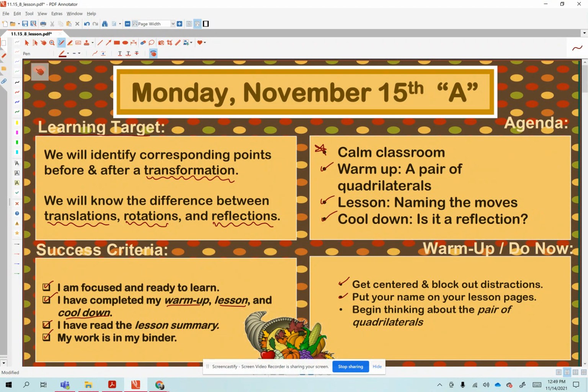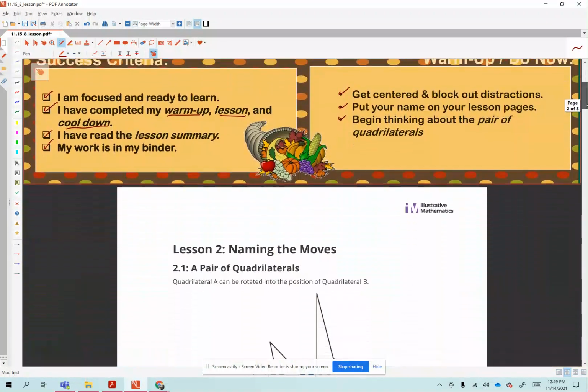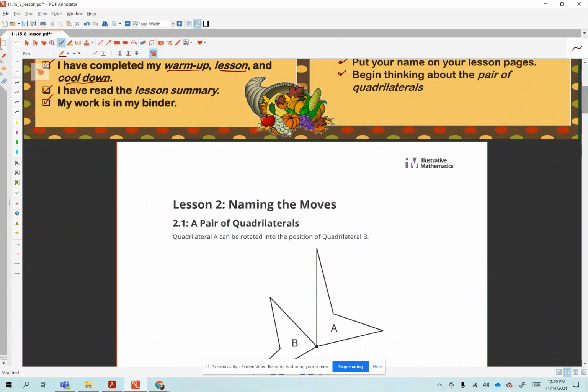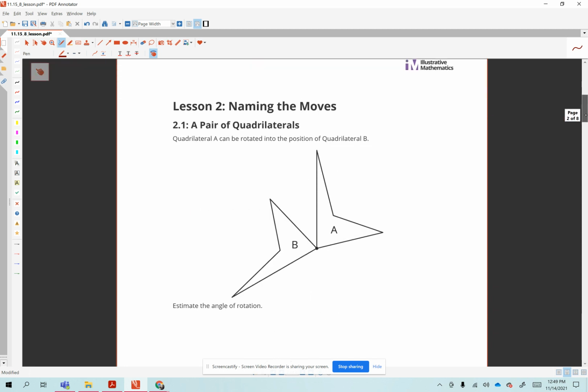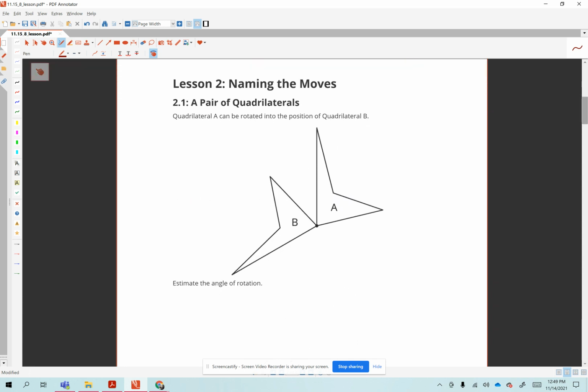And let's begin thinking about the first picture you see, which is the pair of quadrilaterals. Take a look at these. So here we have a pair of quadrilaterals. We are asked to estimate the angle of rotation.